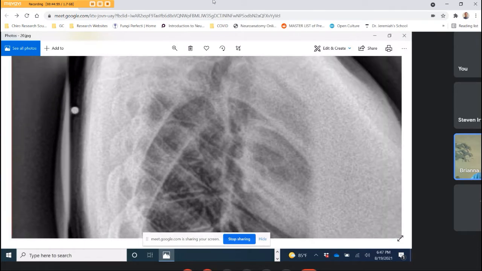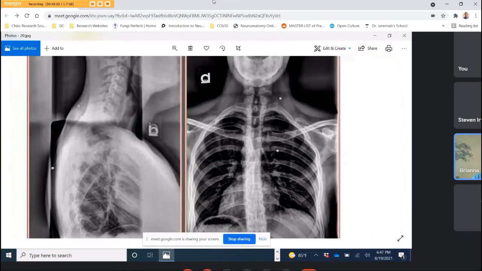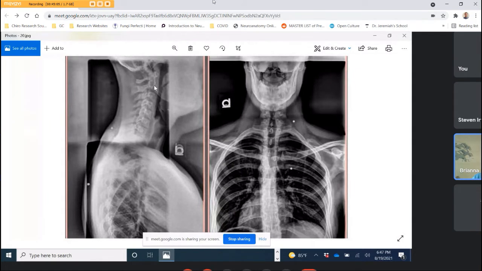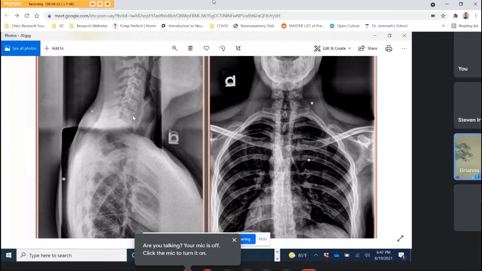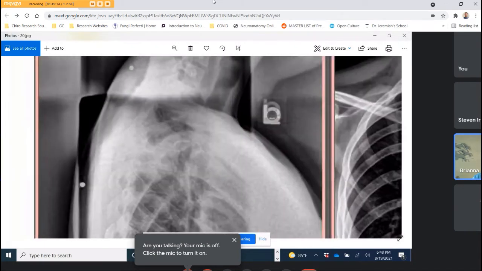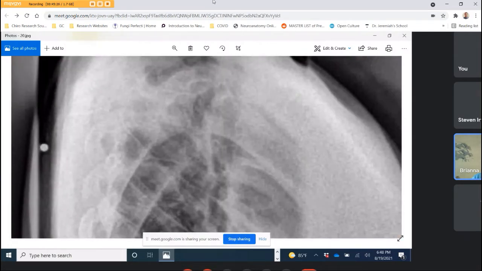Let's see if we can figure out which one that one is. There's 7. So that looks like that's a T6. T6 and 7.